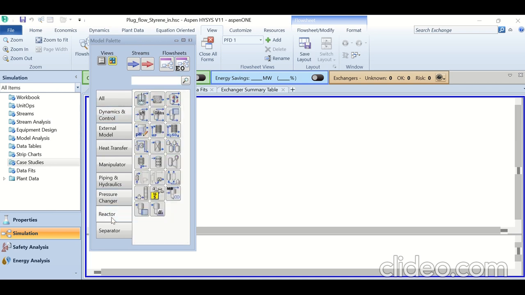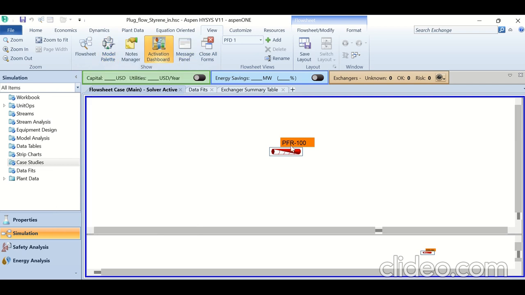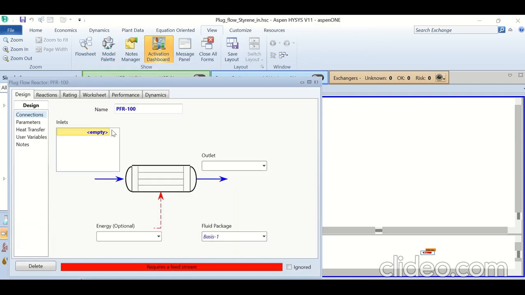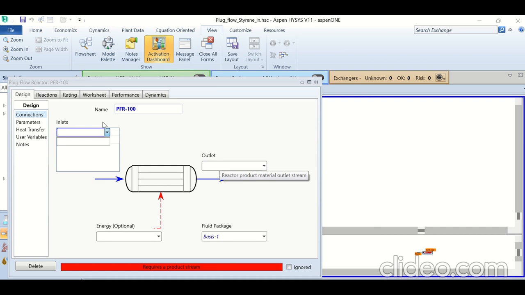Now click on the reactor, go to the plug flow reactor, install the plug flow reactor, and now double click on the plug flow reactor. Feed stream, and the product stream.